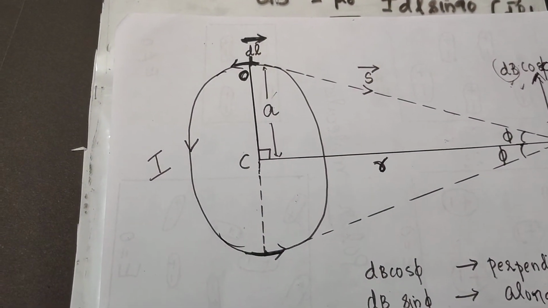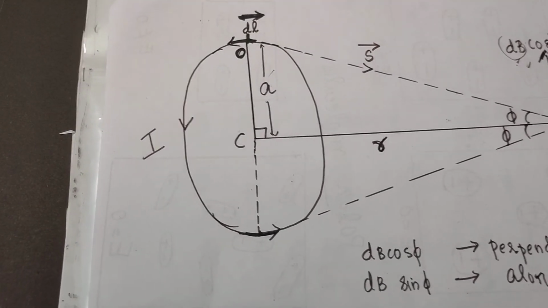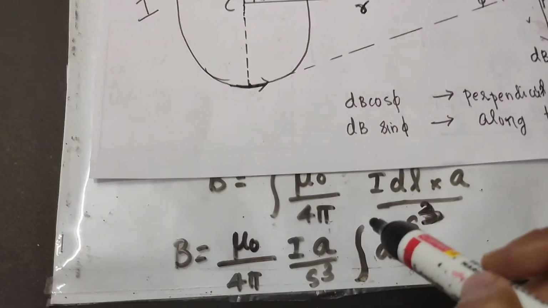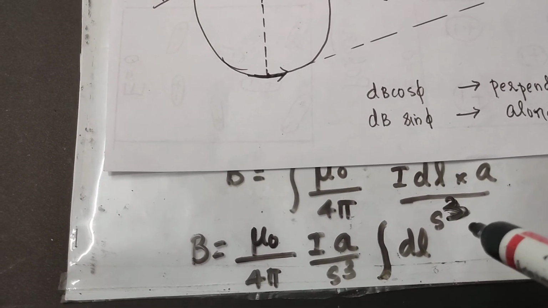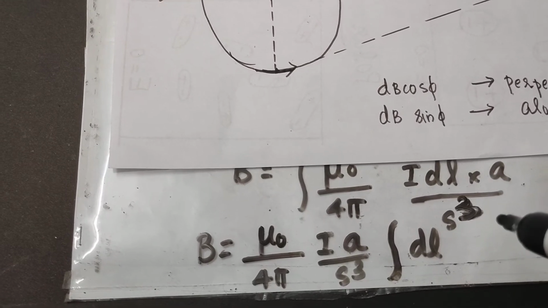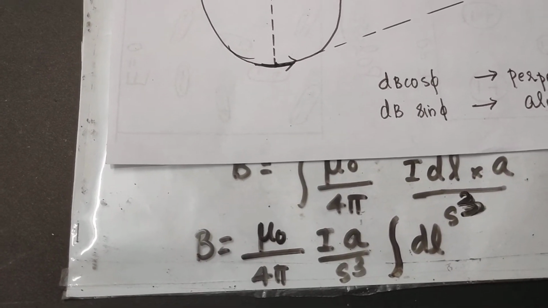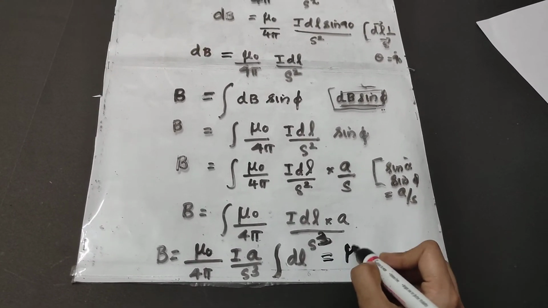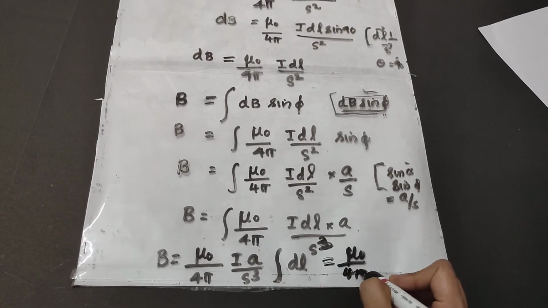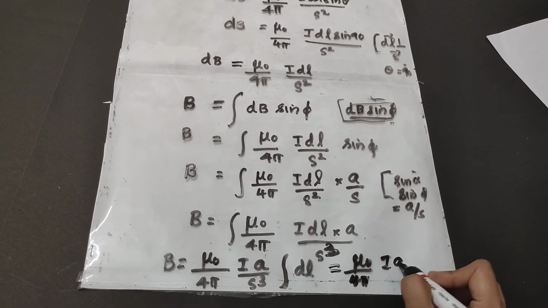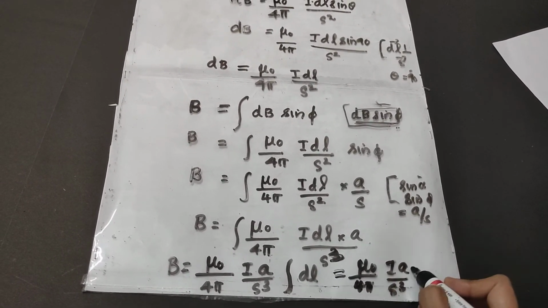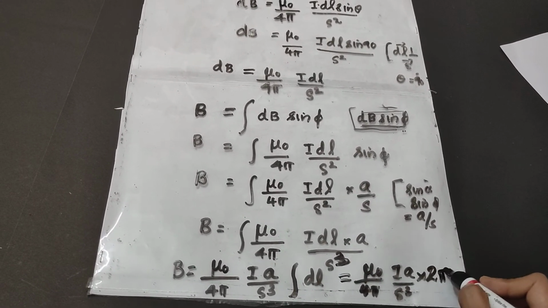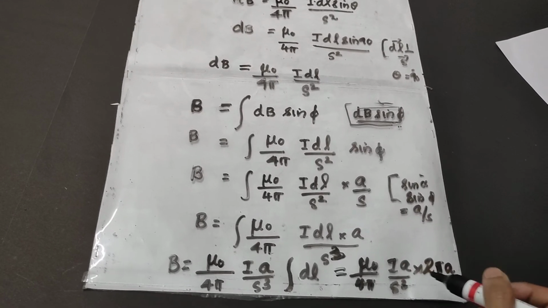And we know the circumference of a circle is 2π times the radius, so here it is 2πa. So this ∫ dl can be written as 2πa, which is equal to μ0/4π · I a/s³ · ∫ dl, where ∫ dl is the circumference of the circular loop, 2πa.